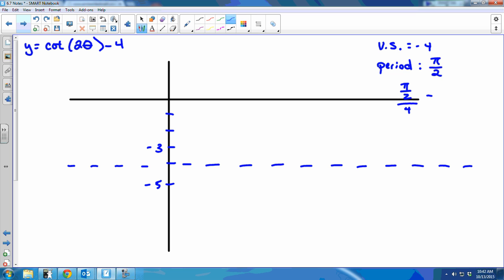So we get pi over 8 as our scale. So pi over 8, 2 pi over 8, 3 pi over 8, 4 pi over 8, etc.